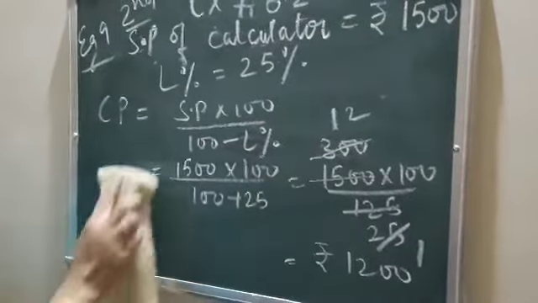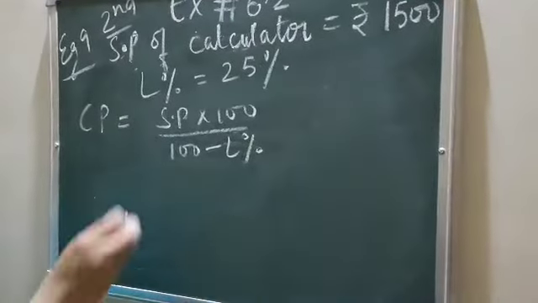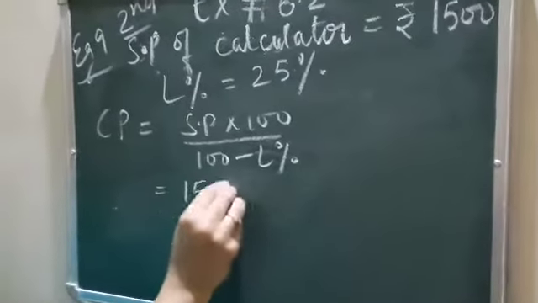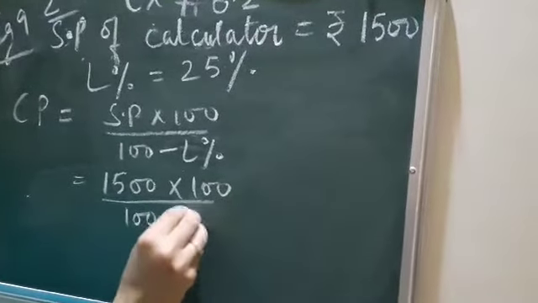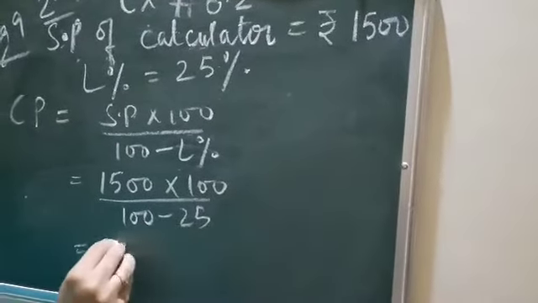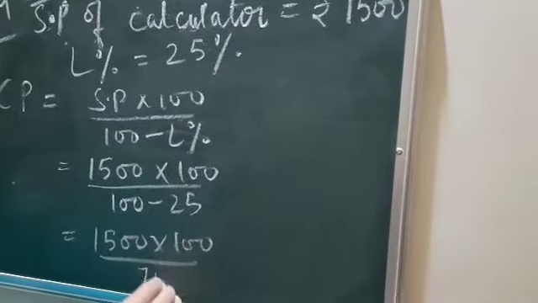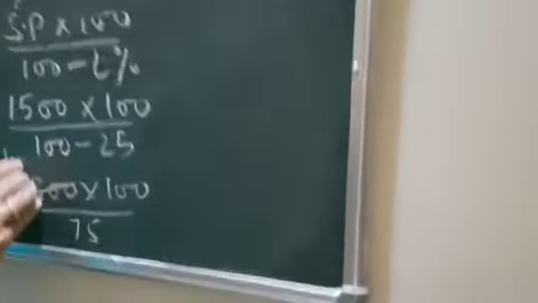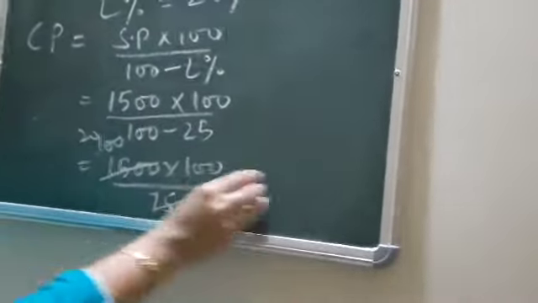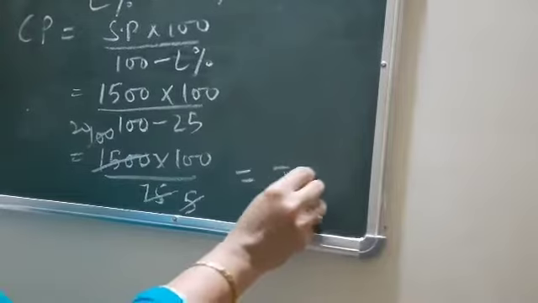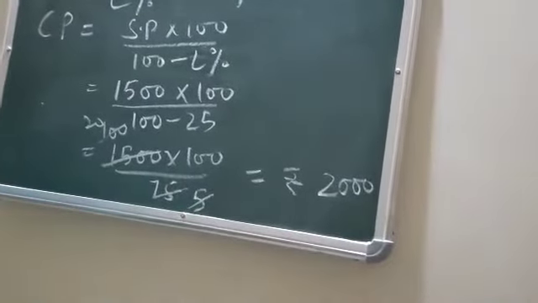So put the formula: SP is 1500 into 100 upon 100 minus 25. So 1500 into 100 upon 75. Divided by 15, 1500 and 75 cut by 15, 5 and 20. That means it is rupees 2000. So he bought it for 2000 and sold it for 1500.